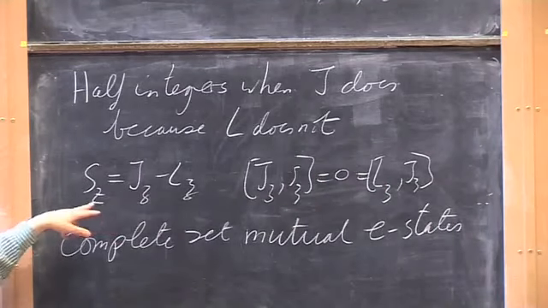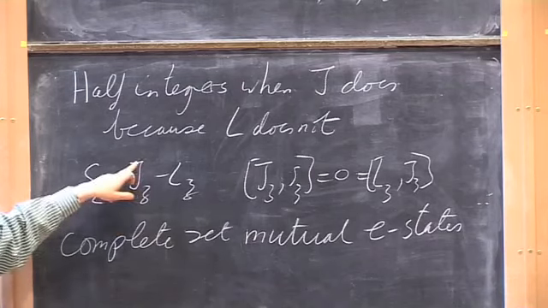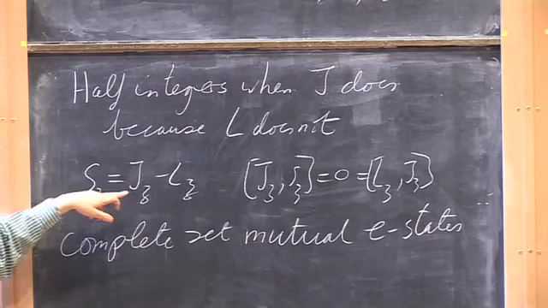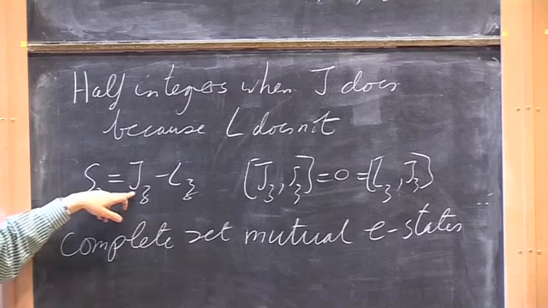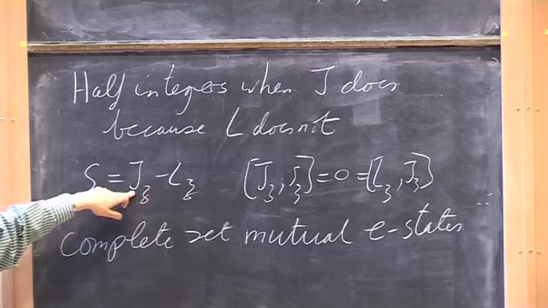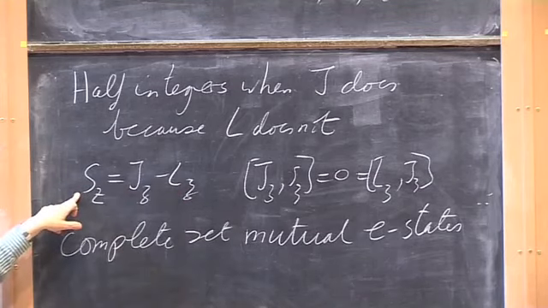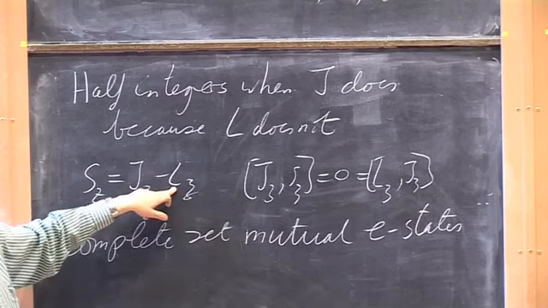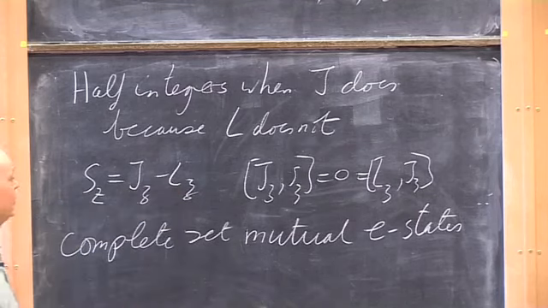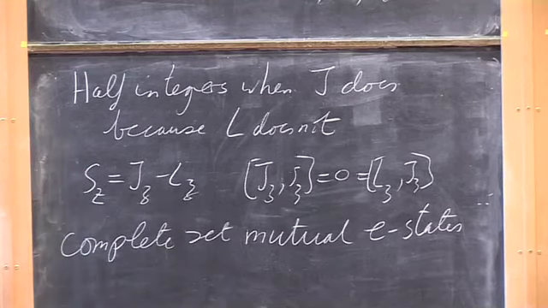And so we can now see that the eigenvalues of this are going to be the difference between the eigenvalues of this and the eigenvalues of this. So if this has half integer eigenvalues, therefore this will have to have half integer eigenvalues because this one has integer eigenvalues. So if J has half integer eigenvalues, then S does.